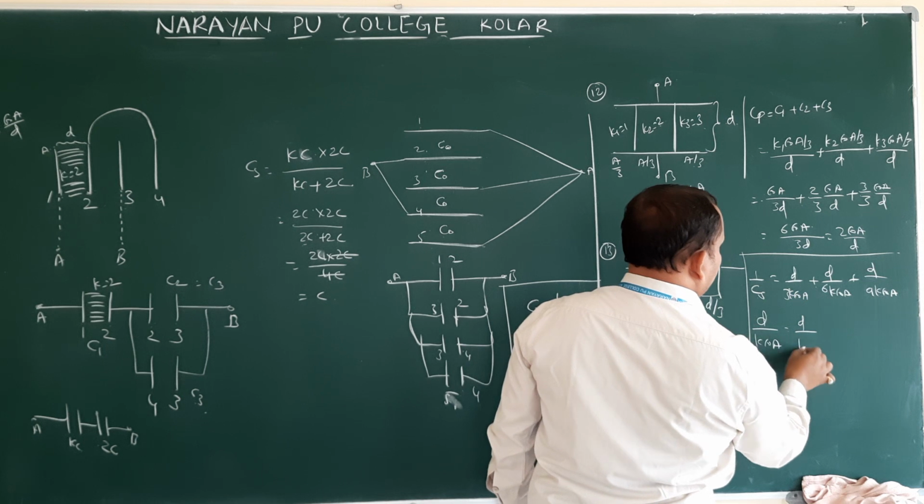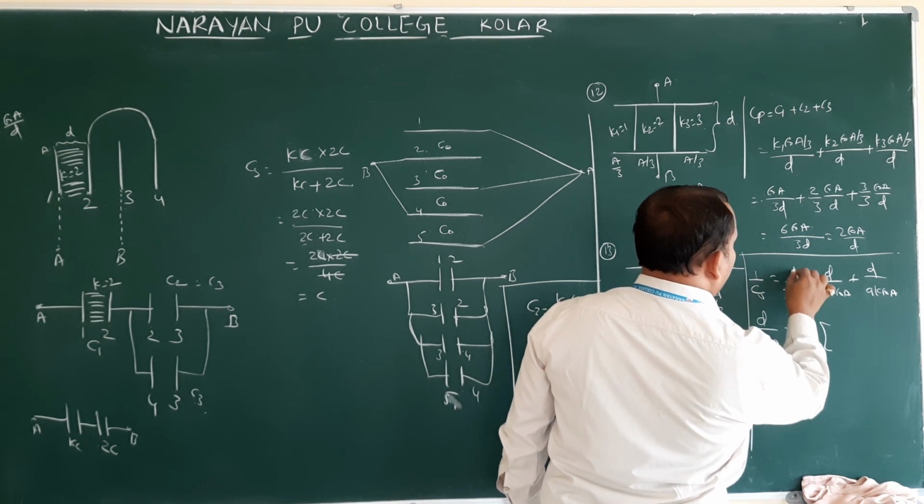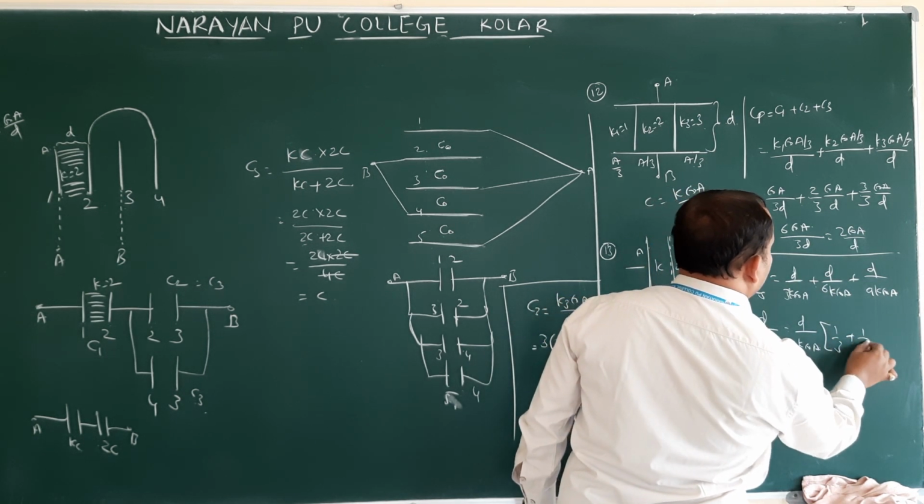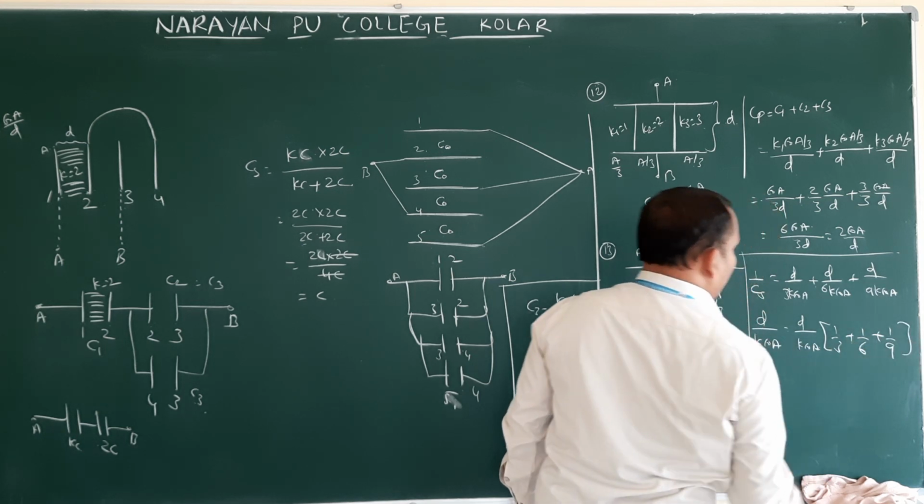D by K epsilon naught A is common: 1 by 3 plus 1 by 6 plus 1 by 9.